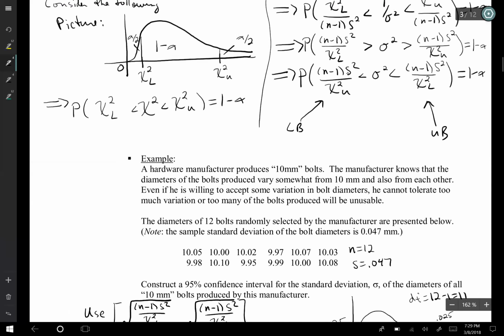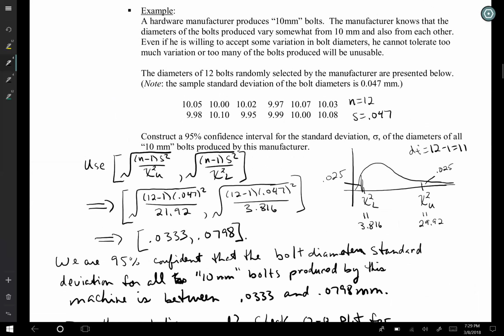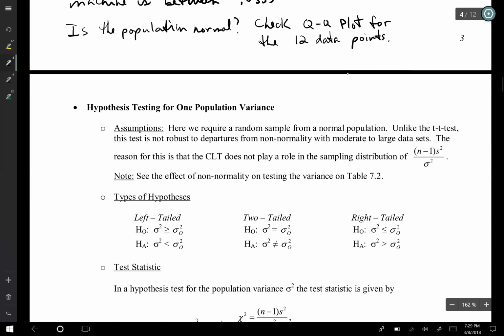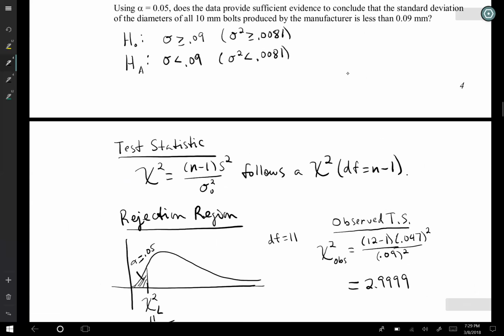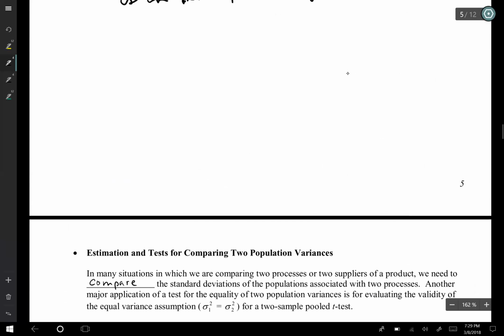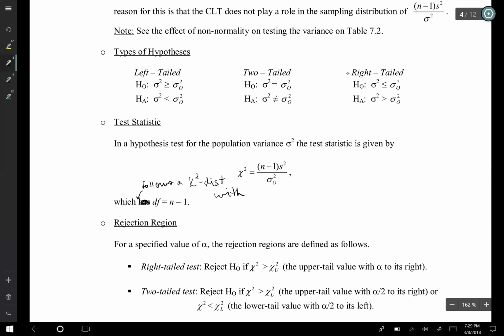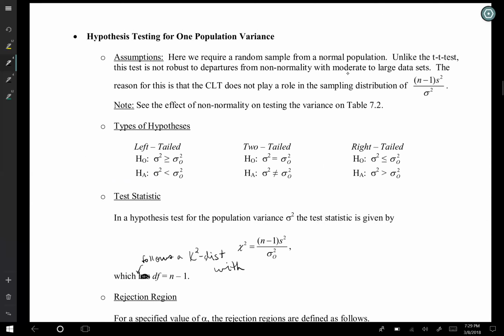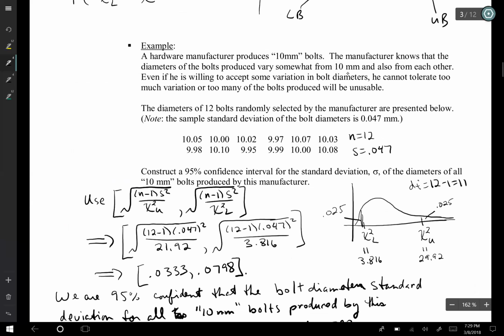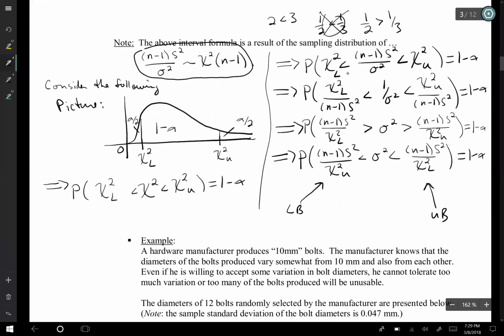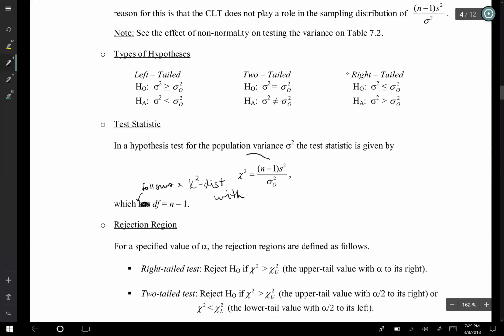Now, one thing that was interesting with WebAssign: pages 1 through 5 in the notes deal with inference on a single population variance, either through a confidence interval or the hypothesis test, which is here's the definition.